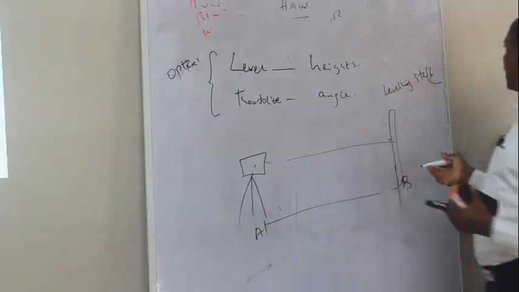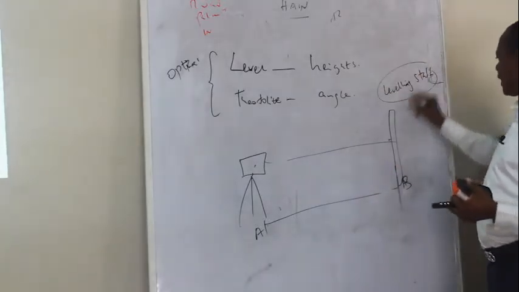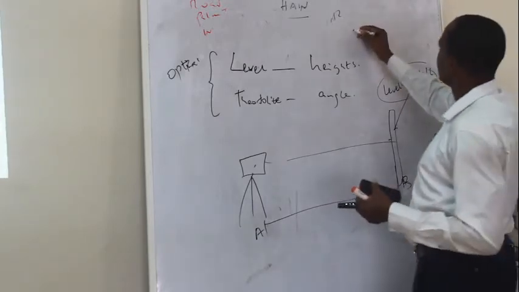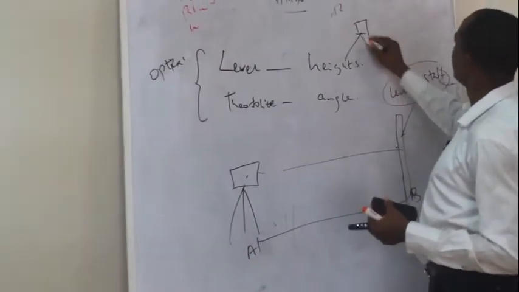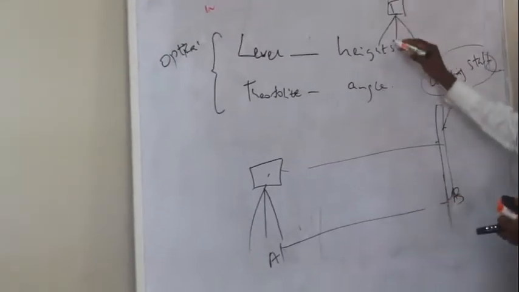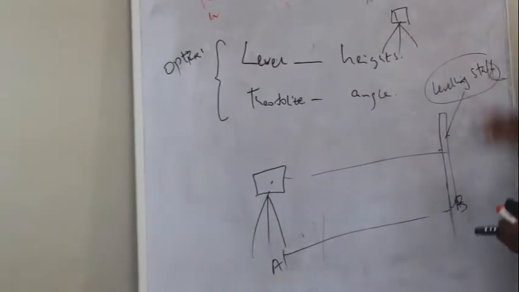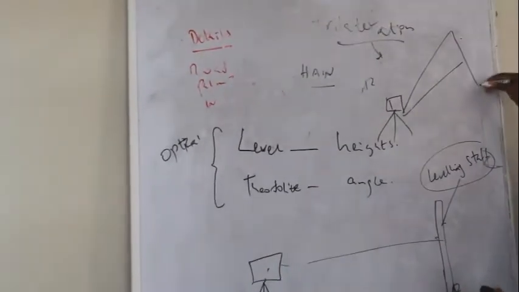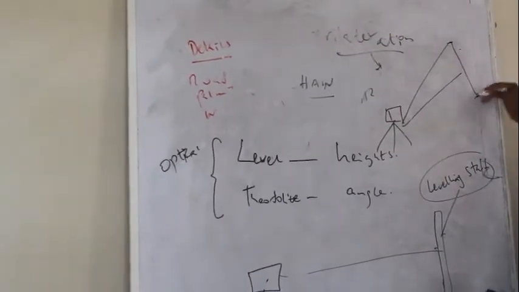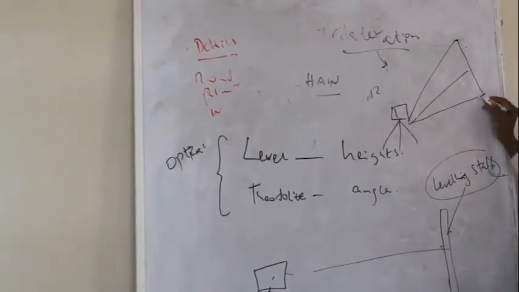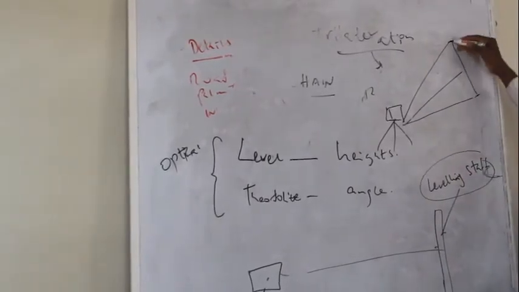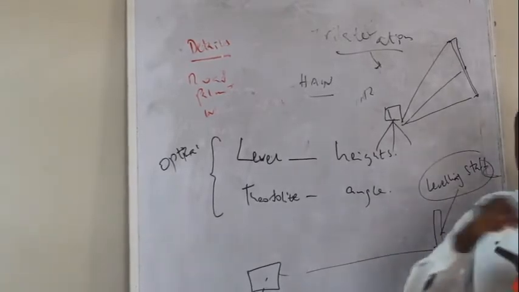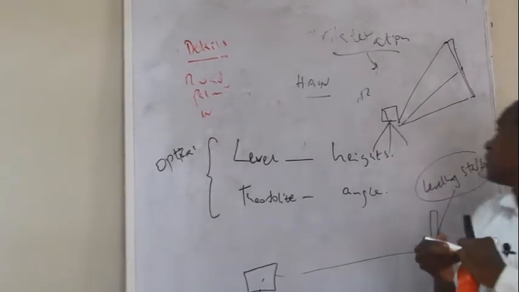And sometimes, you can use a leveling staff, or a substance bar. For example, if you have a theodolite there and you want to determine this distance, there is a bar here which is normally horizontal. You place this bar on a pivot, and it is horizontal.